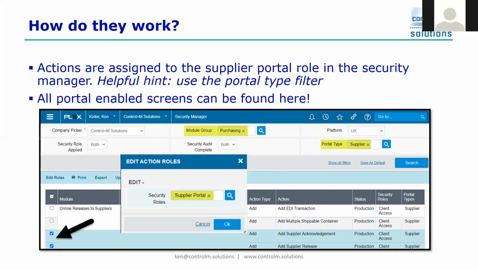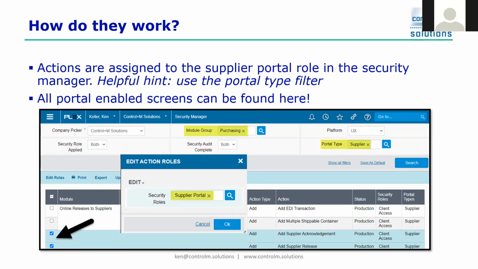If we just search simply by supplier portal type, I would see every module, every action and action type associated with screens that are a part of the supplier portal. So in one action, in one step, I could actually secure the entire supplier portal.